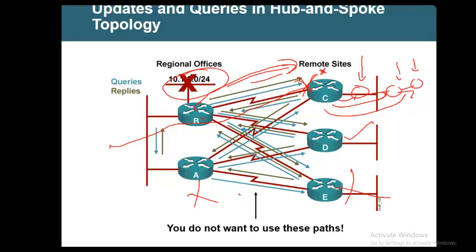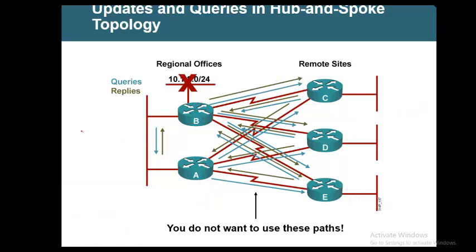They will all remove their neighbors. The entire EIGRP running autonomous system will go down. See, this is how EIGRP is designed. It may sound like, why have they designed it this badly? Why can't they correct it?